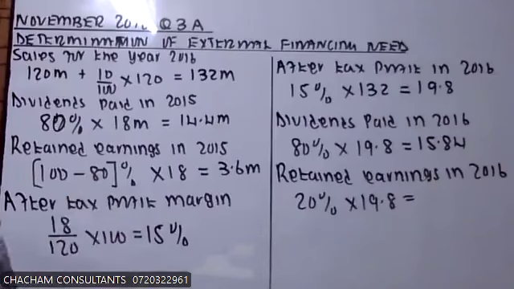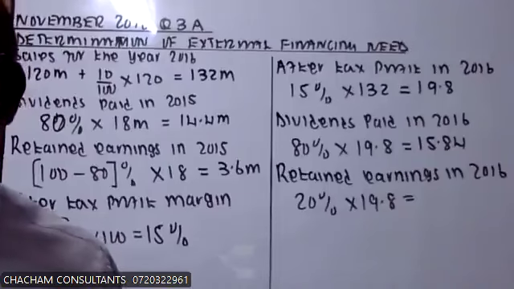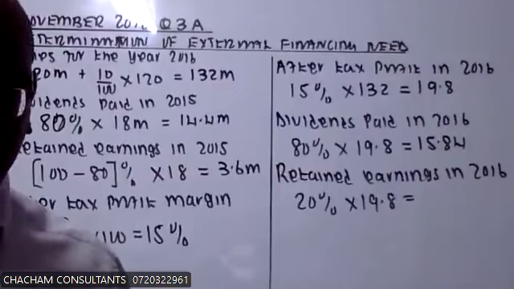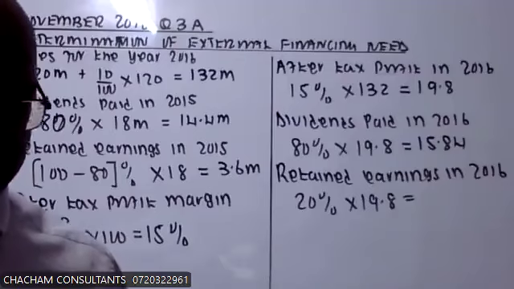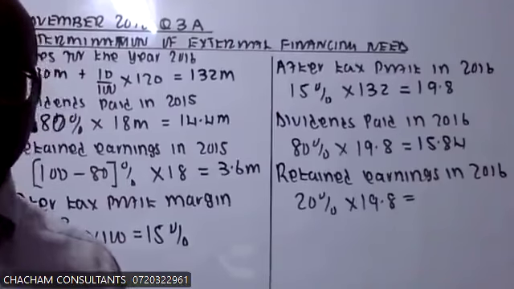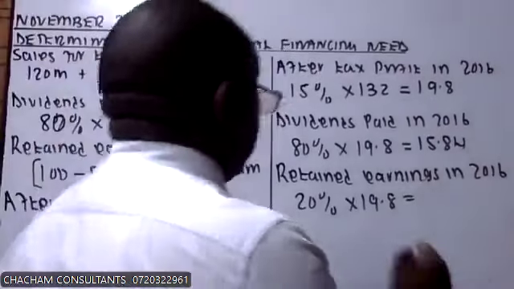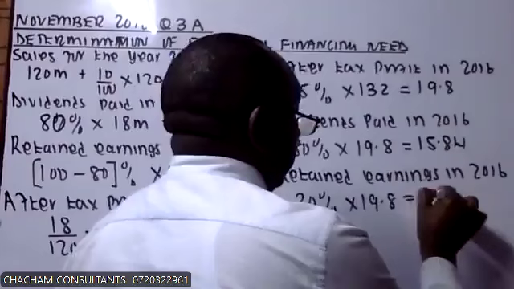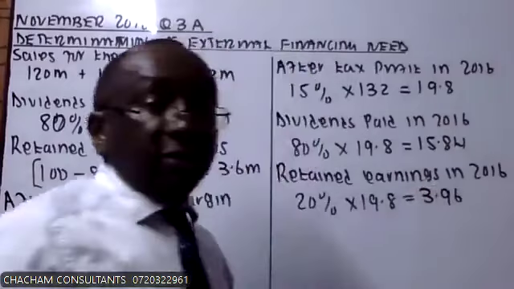That's $3.96. That is the retained earnings.